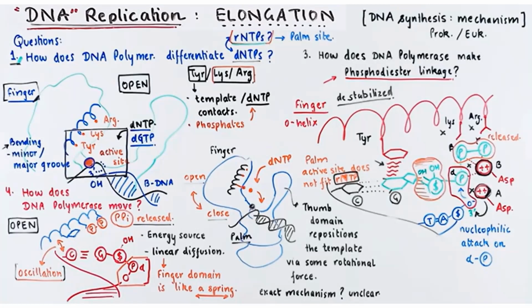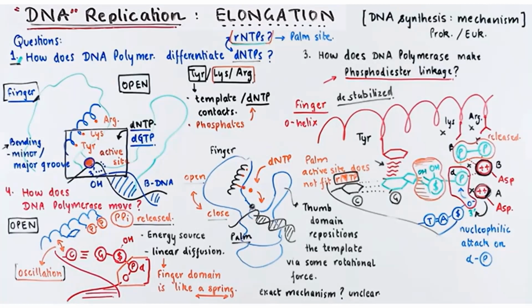When this occurs, the beta and gamma phosphates are released as a byproduct. And this bond formed between the alpha phosphate and the oxygen radical is called the phosphodiester bond. So the process to make the phosphodiester linkage involves a beautiful metal ion catalysis reaction.